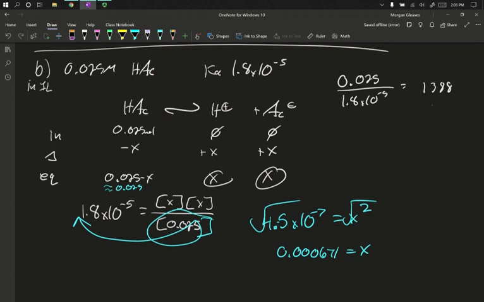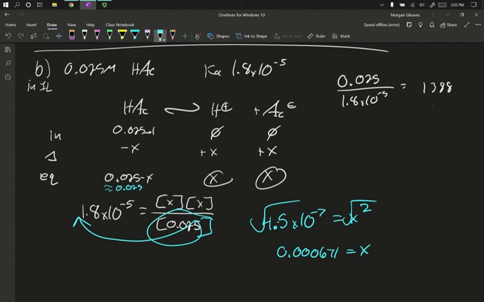In fact, that's about 2.5%. As long as your error is less than 5%, we generally can ignore it. And so 0.000671 is about 2.5% of our starting value, and forgetting to subtract it doesn't introduce too big an error.